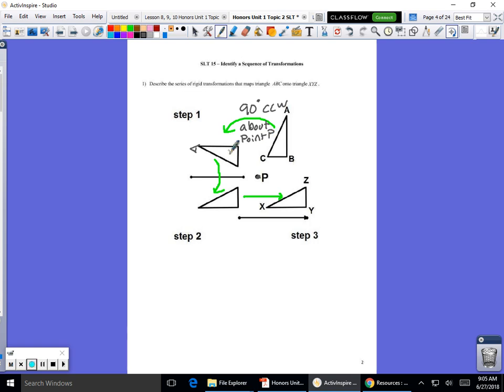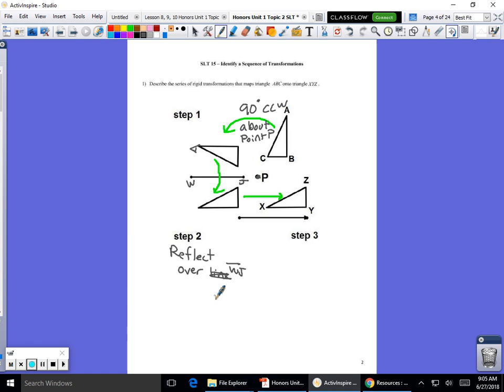Once we're here, the next step is we reflected about this line. So let's give this line a name. Let's just call it WJ. Step 2 would be reflect over line segment WJ.